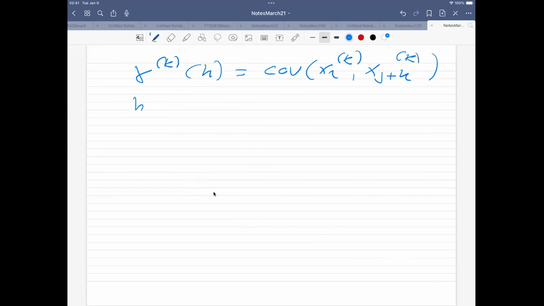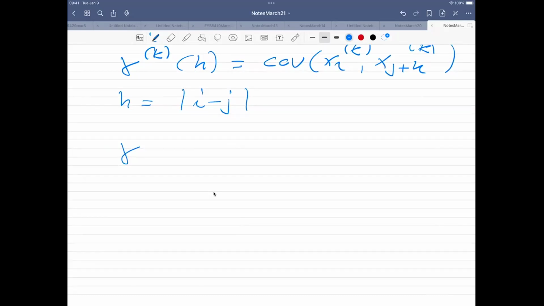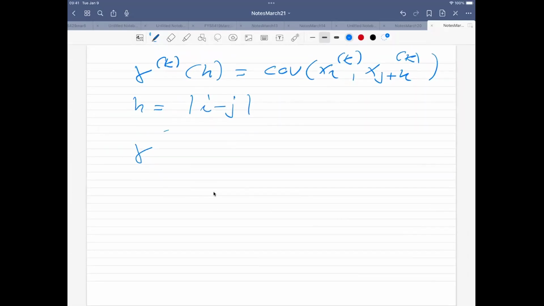And this function h plays the same role as the one we defined earlier, of i minus j. So this formula, which you see, is essentially the same thing as we had before. Now, you can show that this equation for gamma of k plus 1 is something you can evaluate as you move on.